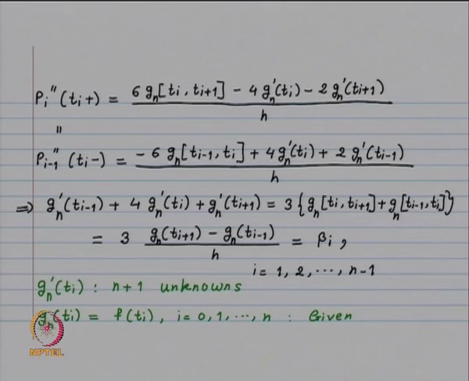Here i is going to vary from 1 up to n minus 1, because the equating of the second derivatives needs to be done only at the interior node points.